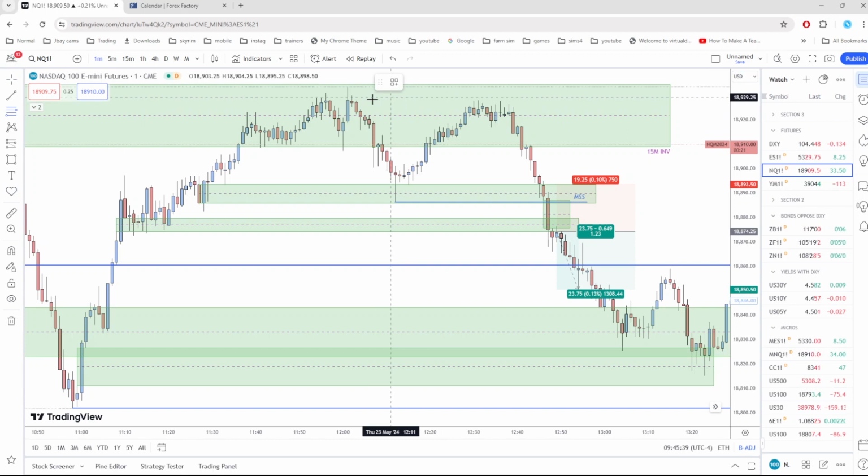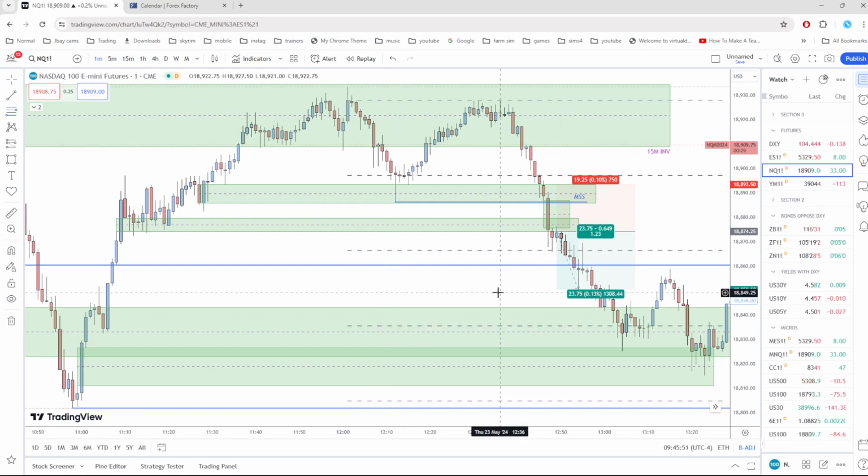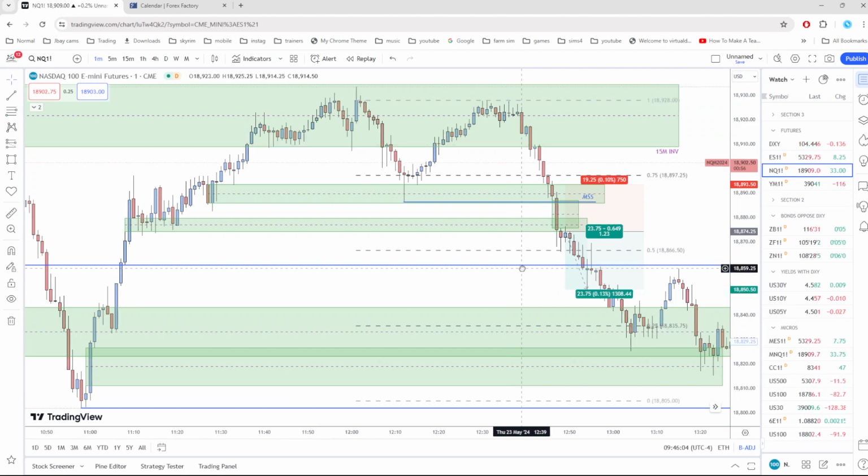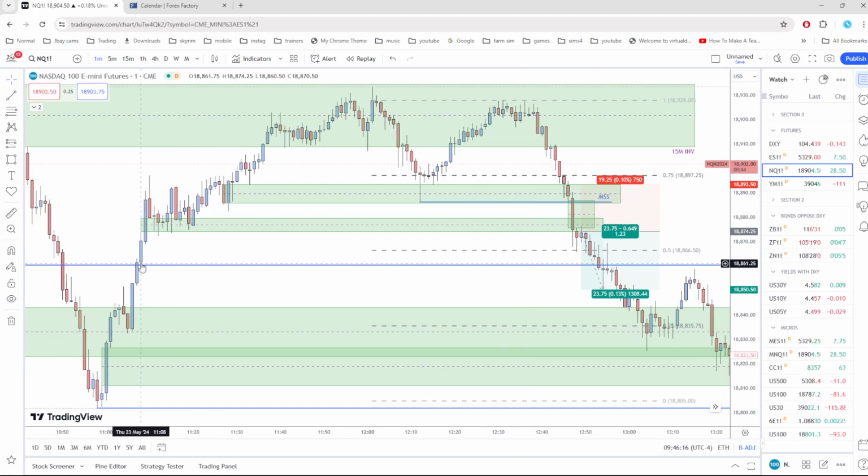Now, before we look at take profits, let's pull a fib on this price range. From the high, I'm using candle bodies in this example. High to low. There we go. Let's just pull it back a little bit so it doesn't cut it off. So that grades the price swing.